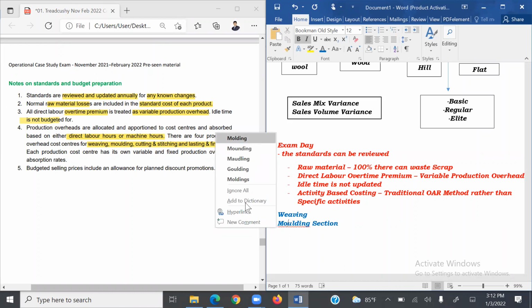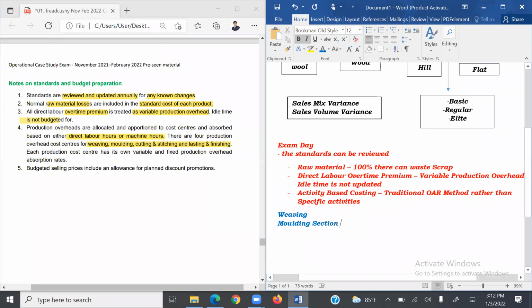After the molding section, they have another section, the cutting and stitching section. Cutting and what, students? Stitching section. Even that is fine. Then, after cutting and stitching, they have the lasting and finishing section.